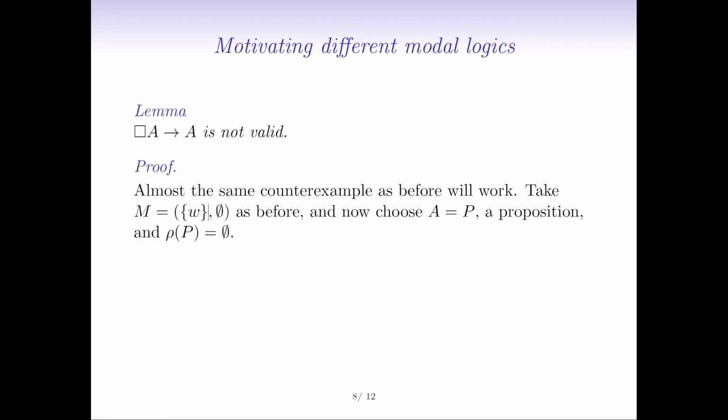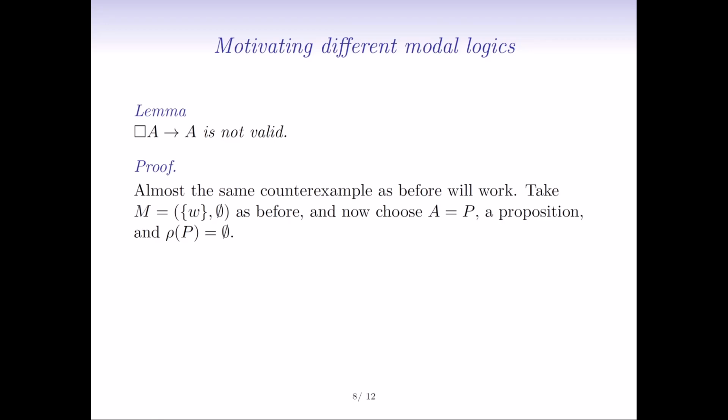Now, the reason that I've chosen this frame the same way as I did before is because I want the formula box A to be true, and I know that box A is going to be true at W in this frame, because no worlds are accessible from W. And I'm going to choose a proposition P because I have to try and somehow make the right-hand side false.